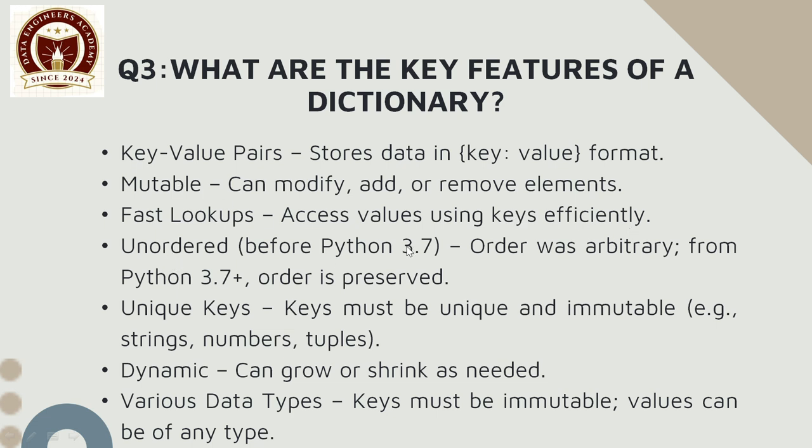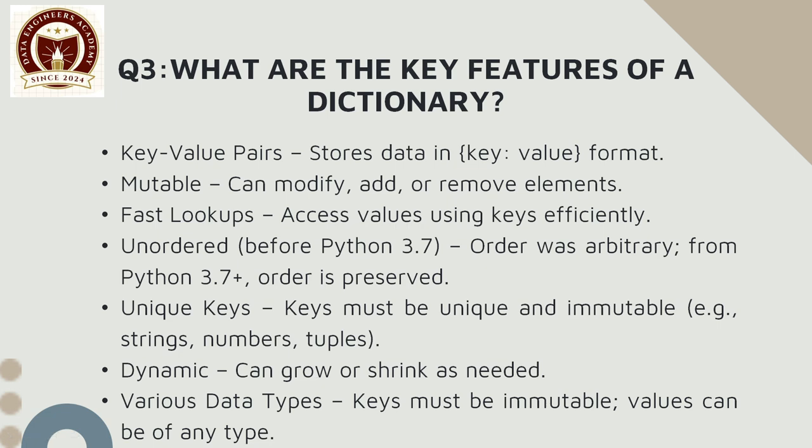It is unordered before Python 3.7, but after Python 3.7 order is preserved. Unique keys: keys must be unique and immutable in a dictionary, for example strings, numbers and tuples. Dynamic: can grow or shrink as needed. Various data types: keys must be immutable, but values can be of any data type.